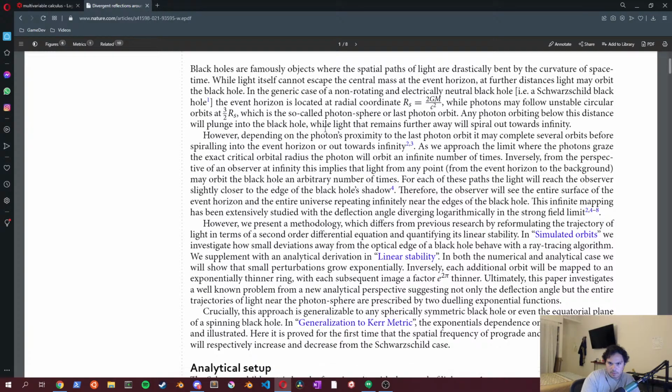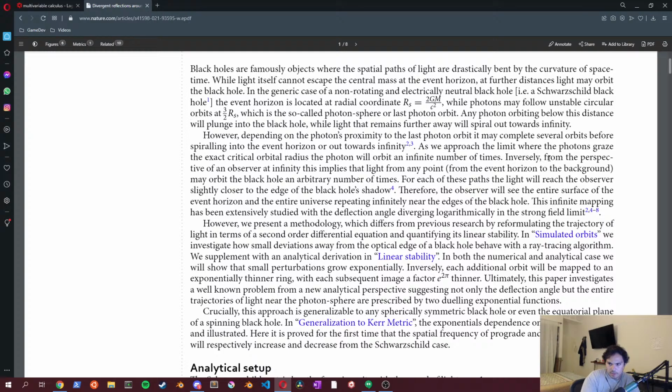Okay, I'm going to give this paragraph one more try here. As we approach the limit where the photons graze the exact critical orbital radius, the photon will orbit an infinite number of times. So this sounds fine.